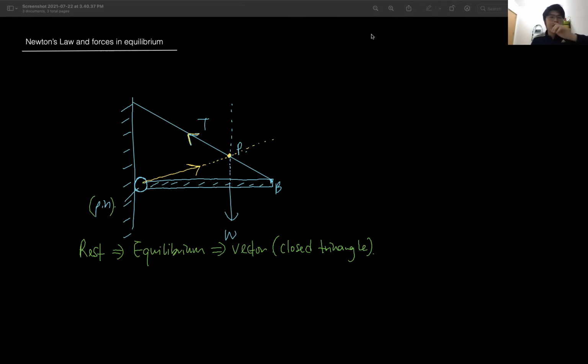If the reaction were pointing in another direction, for example, if it's pointing in this direction, then when I analyze moment, I take moment about point P. What will be my moment? T has no turning effect, W has no turning effect, but the R here creates a turning effect.